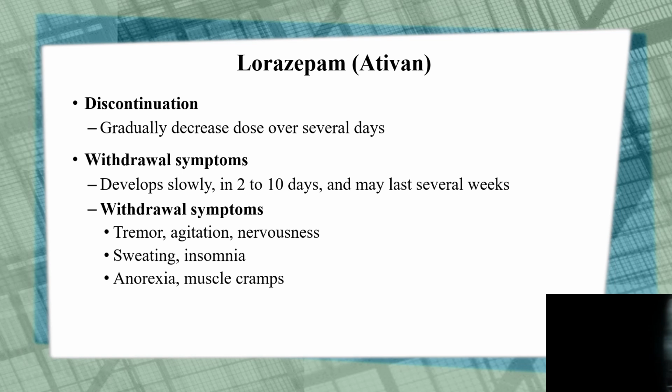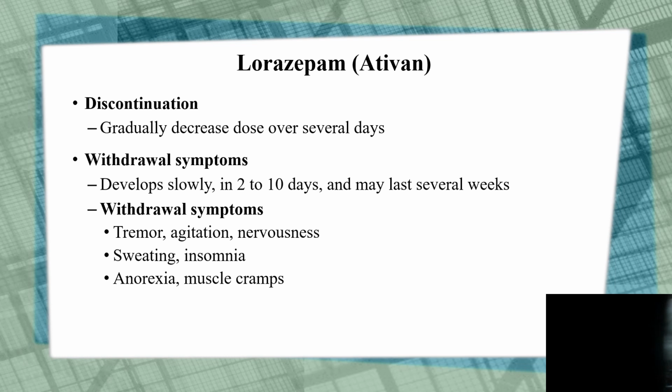The patient may develop withdrawal symptoms in 2 to 3 days, and they may last several weeks. Those are the withdrawal symptoms, and they also include tremor, agitation, nervousness, sweating, insomnia, anorexia, and muscle cramps.